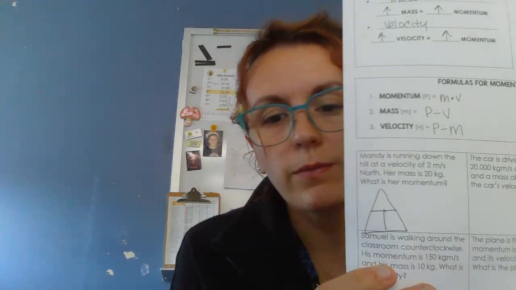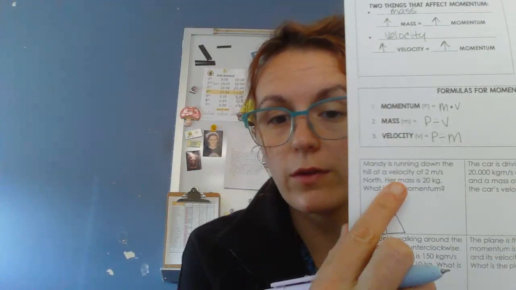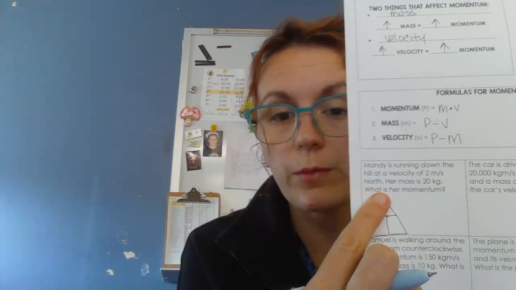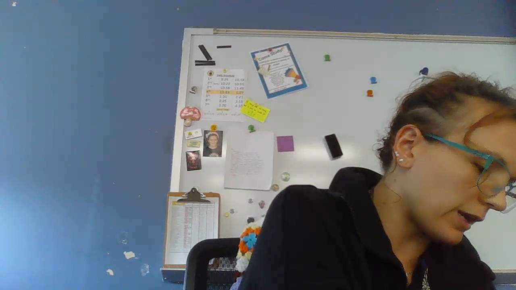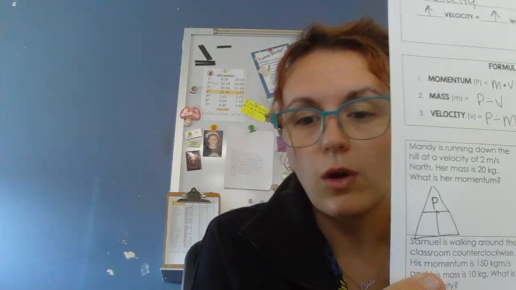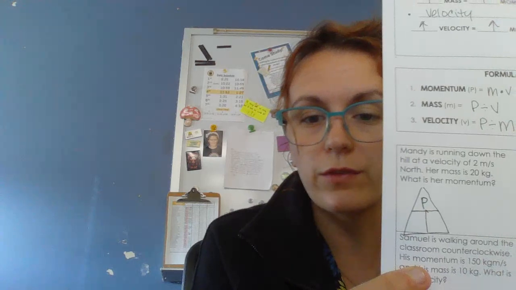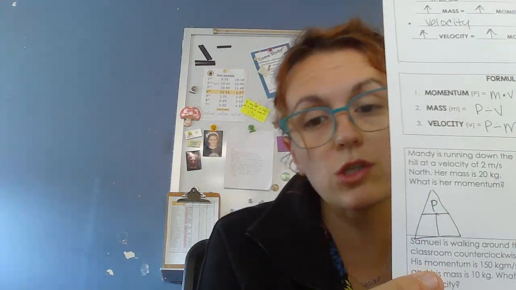Now we need to figure out, okay, what goes at the top? Well, what are we solving for? We're solving for momentum. So we need to put our big letter P up at the top to remind us that that is what we are solving for, okay? Then, what is left? We have velocity, which is 2 meters per second, and we have mass, which is 20.